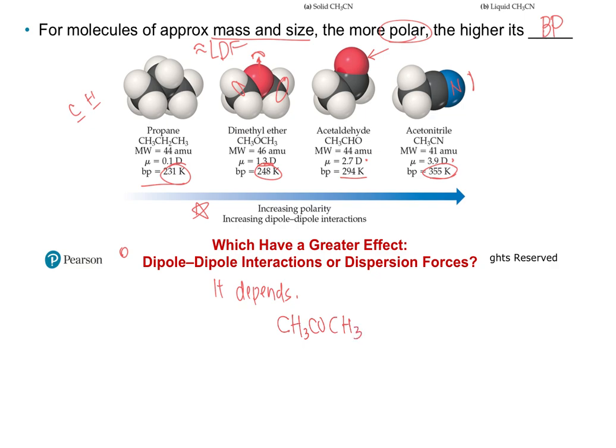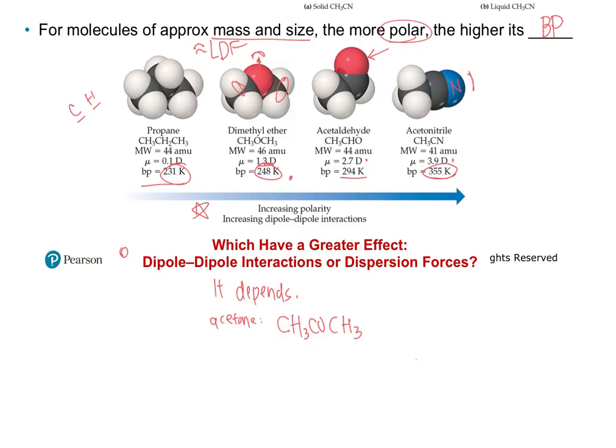Okay, so we have this oxygen in here, kind of similar to the dimethyl ether up top. It has a polarity, and we know acetone is liquid at room temperature, so it has a boiling point probably somewhere around 70 degrees Celsius.